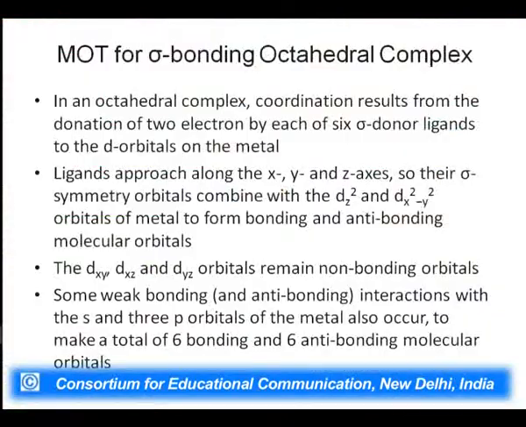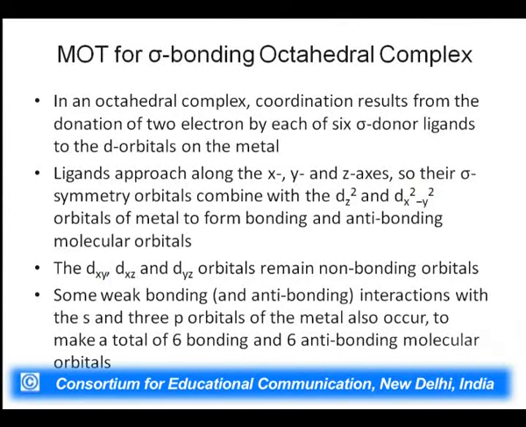For this, we have chosen an octahedral complex and presumed that it has formed 6 sigma bonds along the x, y and z direction, as we did in the case of CFT. The ligands approaching the metal along x, y, z have sigma symmetry orbitals, and therefore they can combine with the dz square and dx square minus y square orbitals, and not dxy, dxz and dyz.